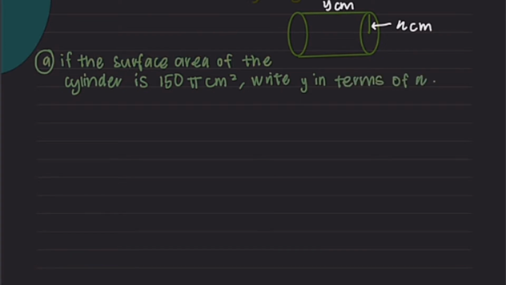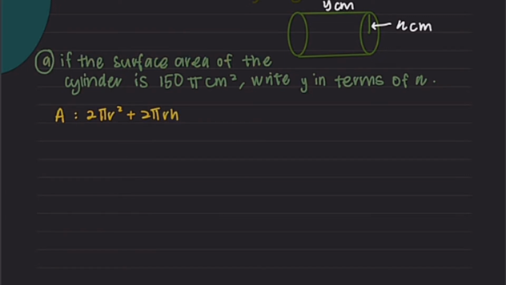It is important in this question for you to remember the area formula for the cylinder, but sometimes the question will provide it for you. The formula for the surface area of a cylinder is A, which is the surface area, equals 2 pi r squared plus 2 pi rh.